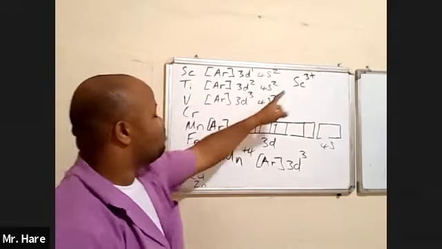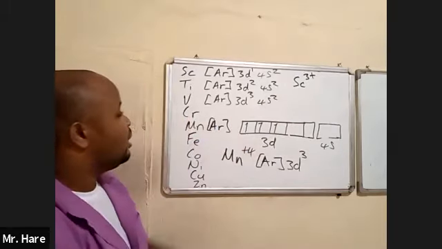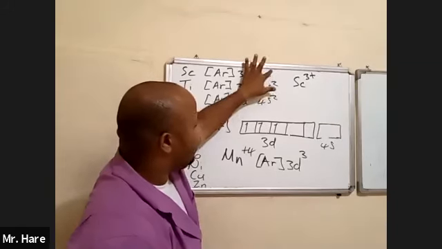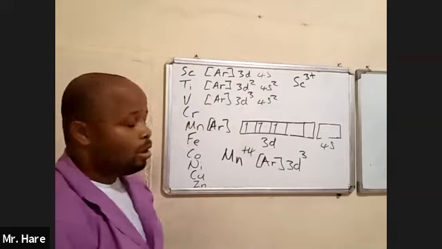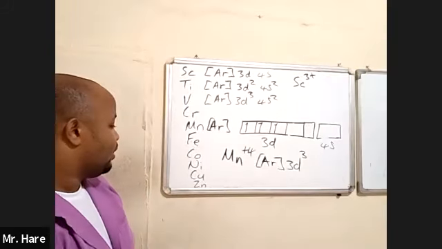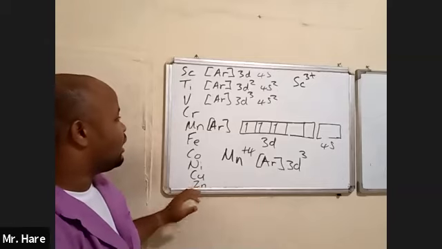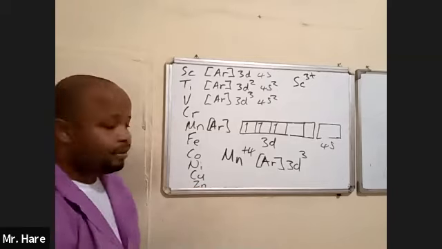So when scandium forms the Sc3+ ion, it loses the 1 electron in the d orbital as well as the 2 electrons in the 4s orbital. Now for zinc, what is the electronic configuration? 3d10 4s2.